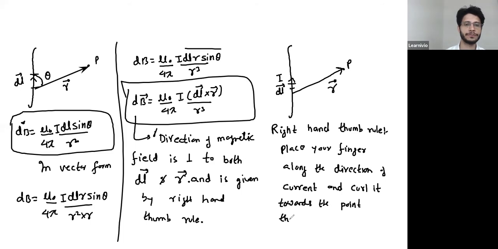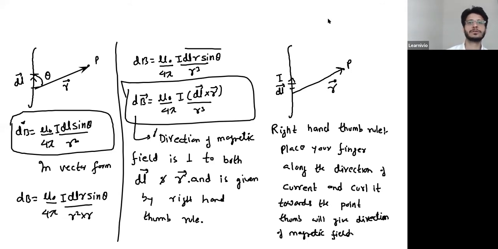The thumb will give the direction of the magnetic field. Just note it down.